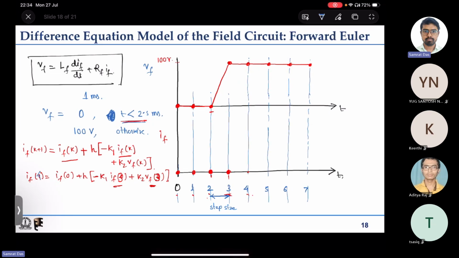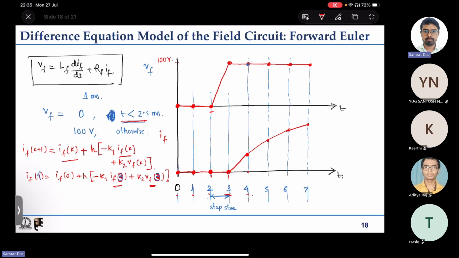Although IF3 is 0, VF3 is now some positive value, so it will increase accordingly. IF will only increase here, and after that it will go on increasing, and the solution will be a straight line joining these points, so it will appear like this. This is what will happen if it is solved using forward Euler.